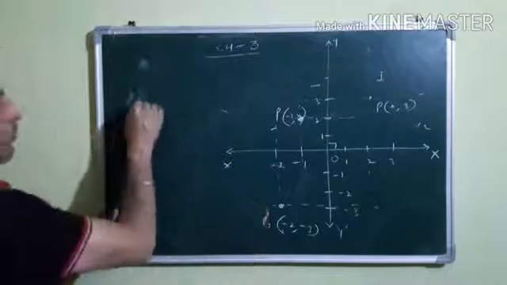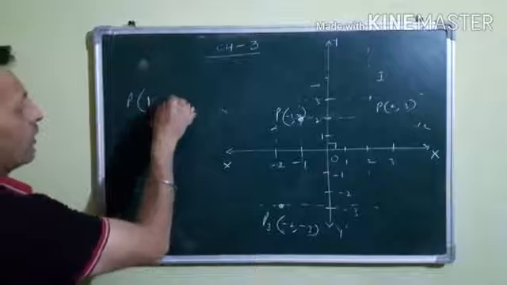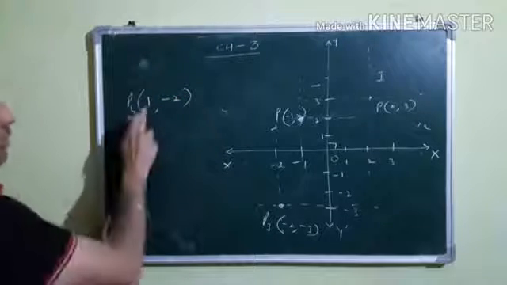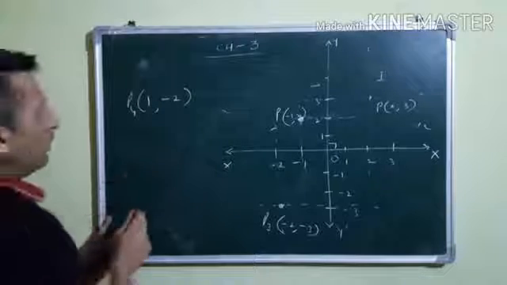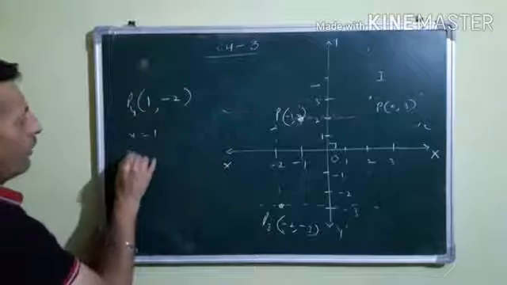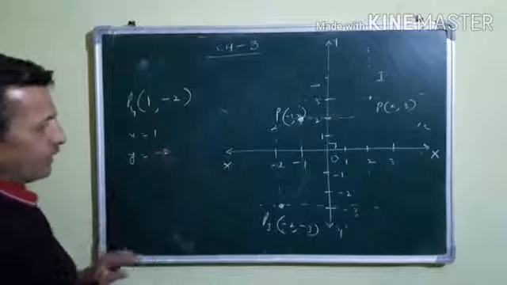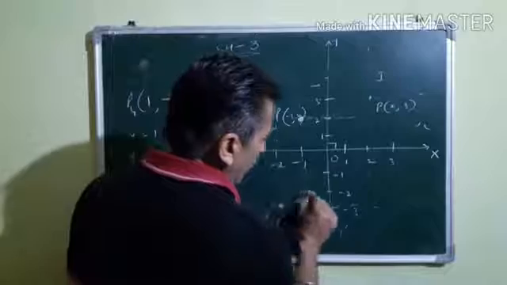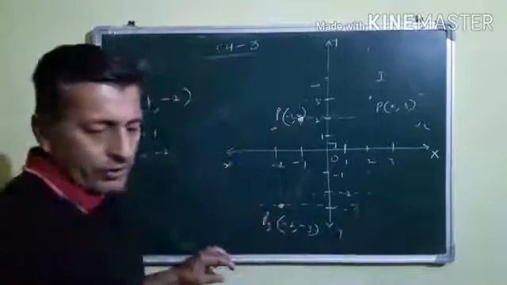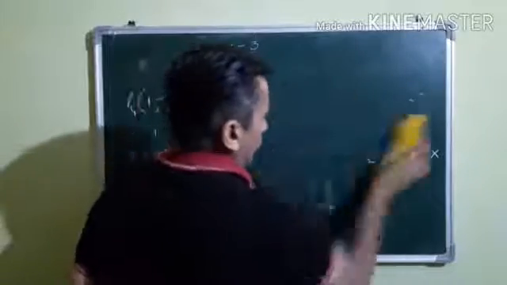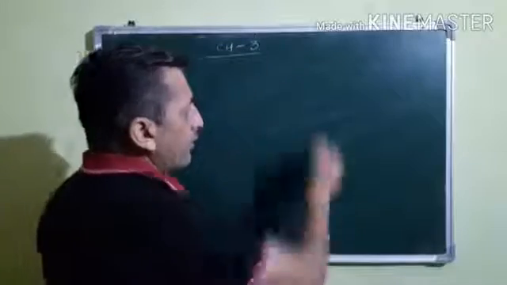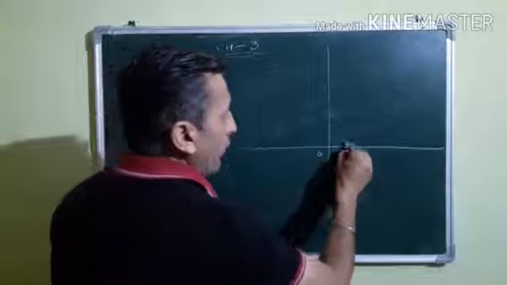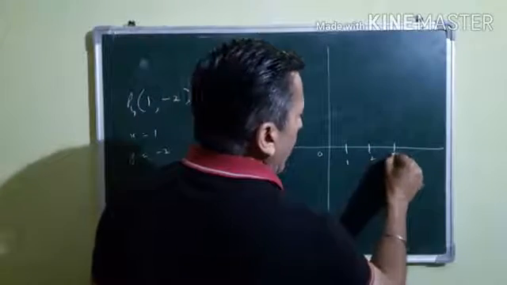Similarly, now if x is positive but y is negative, suppose I take this as the next point P4: 1 comma minus 2. That means x is equal to 1 and y is equal to minus 2. See, this is your y-axis, this is your x-axis, this is the origin. Here the points are positive 1, 2 and 3.